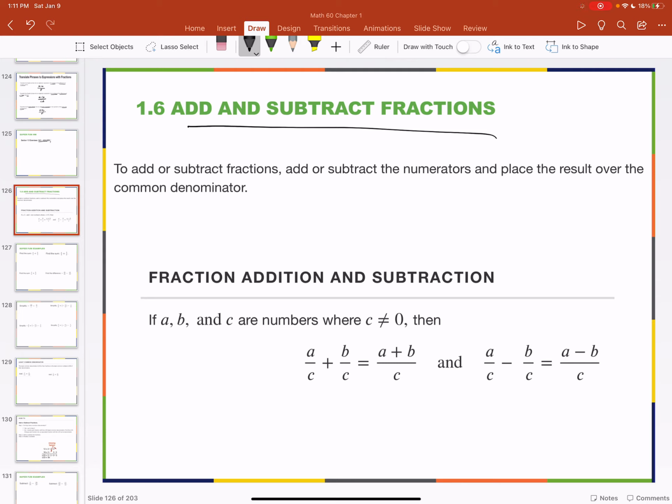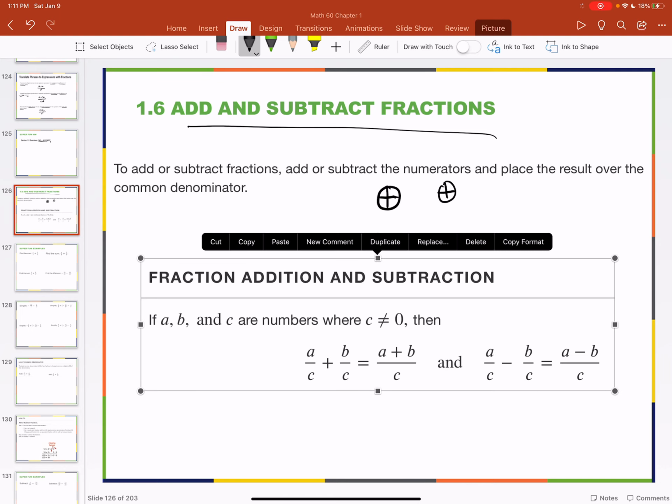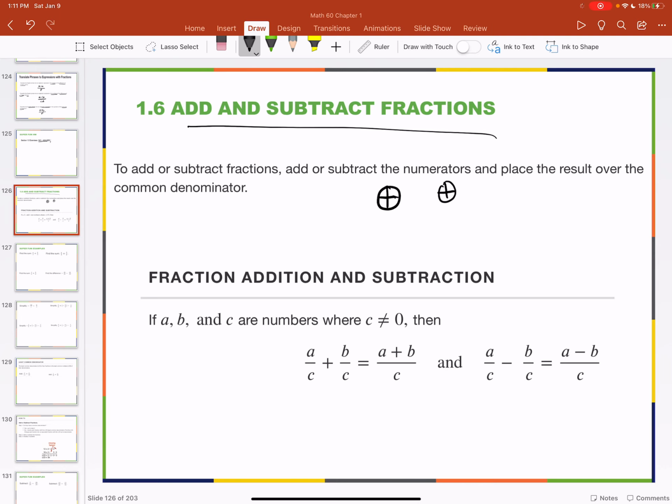In order to add and subtract fractions, we cannot combine them unless they have the same denominator, okay? It makes a lot of sense because if you have a pizza cut into fourths and another pizza cut into fourths, it's easier to add together if they're the same type of fraction.